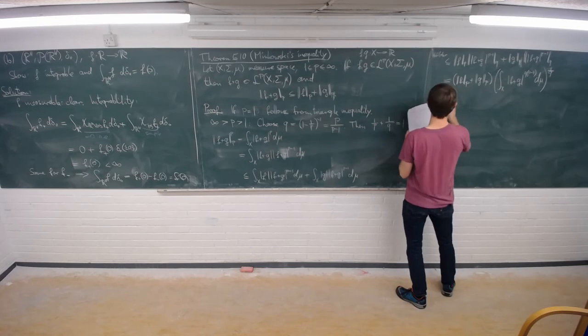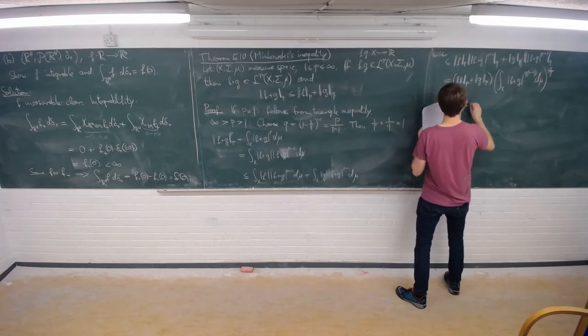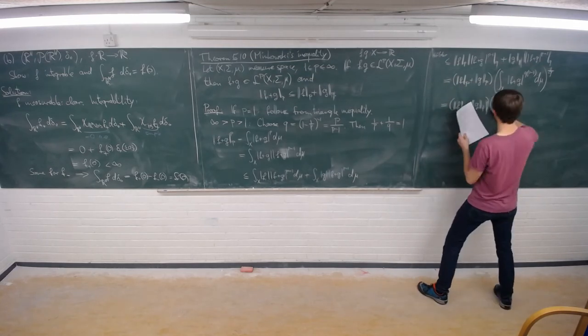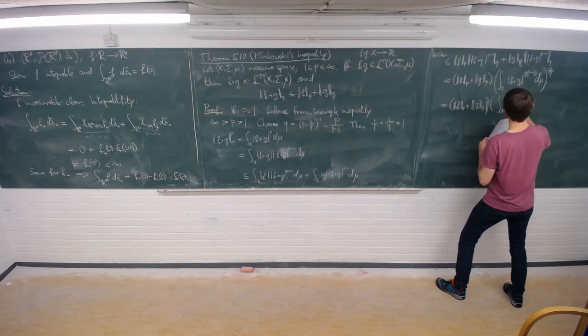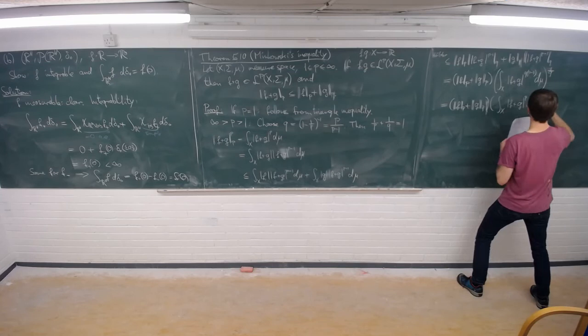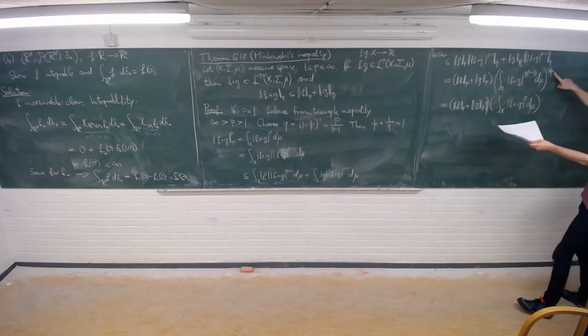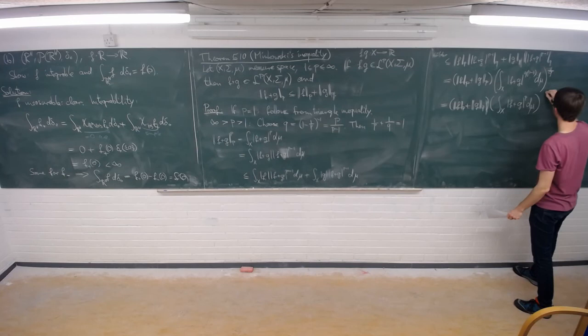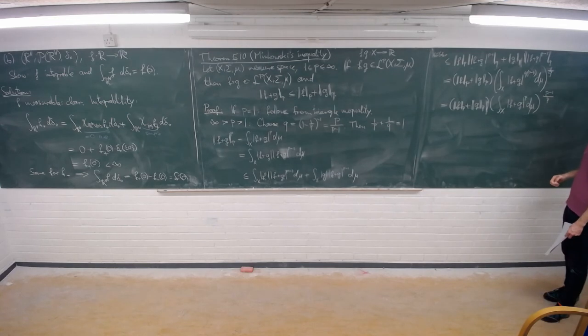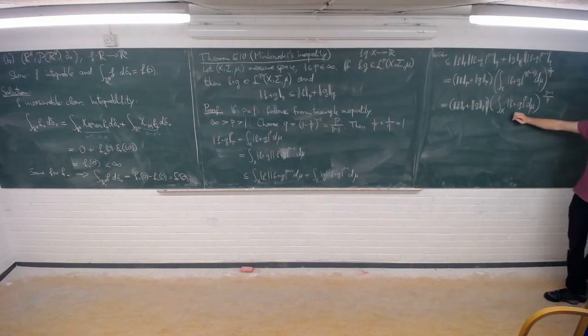So this is the same as norm F plus norm G times the integral of mod F plus G to the power P d mu, and then this exponent 1 over Q is the same as P minus 1 divided by P. Okay, so now this integral here, that's just the LP norm of F plus G to some power.